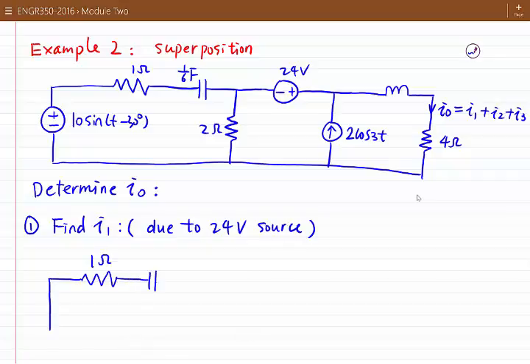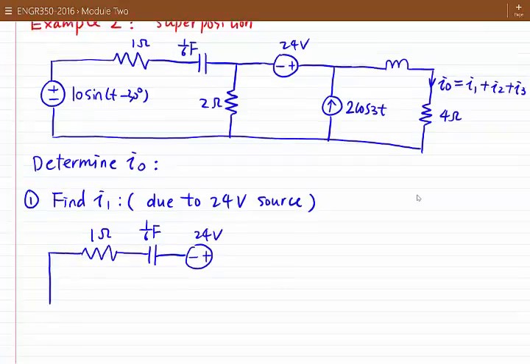We have a capacitor which is 1/6 farad, and later on I can convert it into impedance based on the frequency of the circuit. But we can note that if we apply just the 24 volt DC source, this capacitor will be open circuit for DC in steady state. But let me keep it here for now. So here we only apply 24 volt.